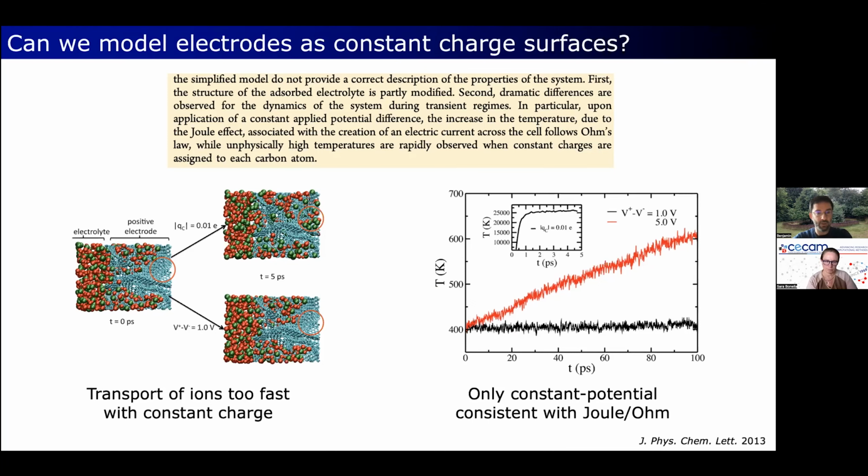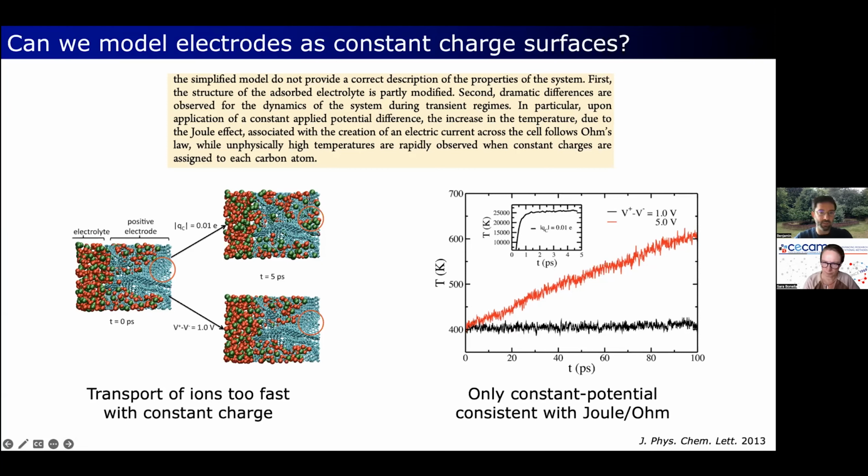Are you comparing the same equilibrium configuration? If you simulate sufficiently long, will you get the same configuration? So this is really to illustrate the short time dynamics, the transient regime. Eventually you might have ions that go there. It's just that the mechanism which will drive the ions towards that region is not the same.